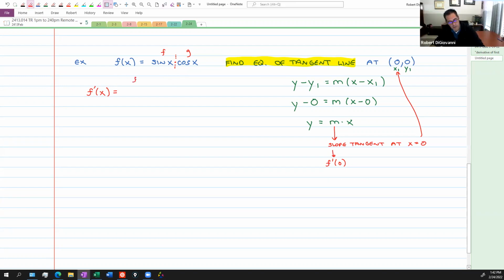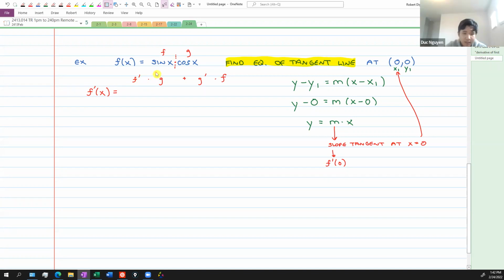Okay, so we're going to do the derivative of f times g plus derivative of g times f, right? So what's the derivative of f? Cosine x. Okay, so that's cosine x times what's g? Cosine x again. Okay.